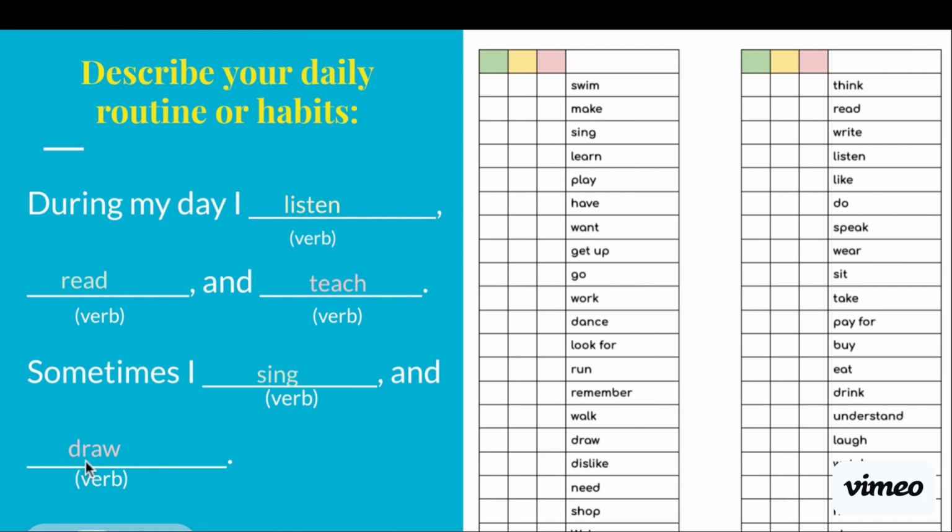And draw. This one is brand new to me, but I do it, so now I know how to say it. So I do suggest that you take the time and translate these words into your home language in your notebooks and self-teach. You're already making the big step of watching these videos and playing along, which is awesome. So now it's your turn. What do you do during your day?